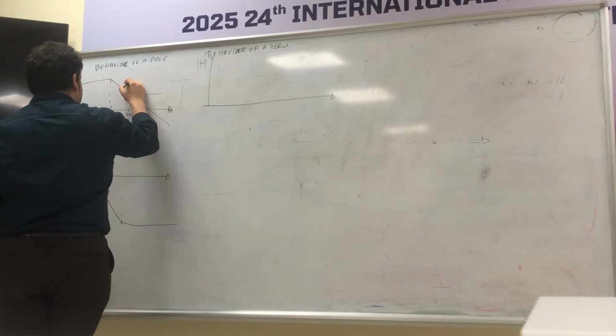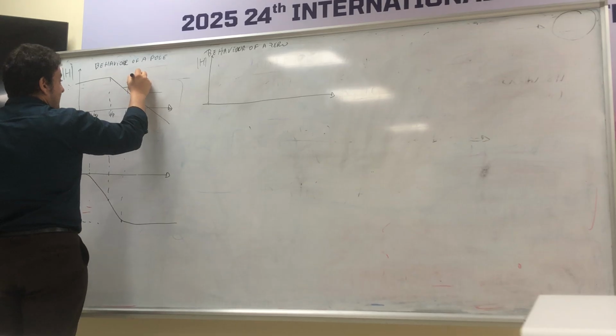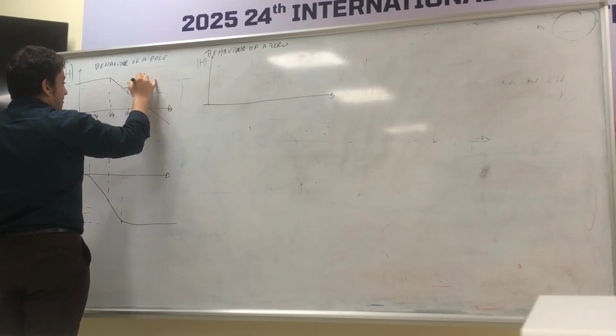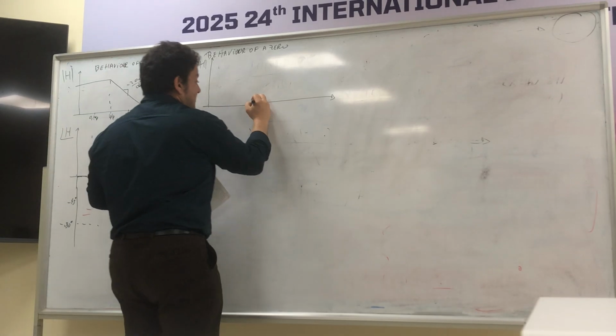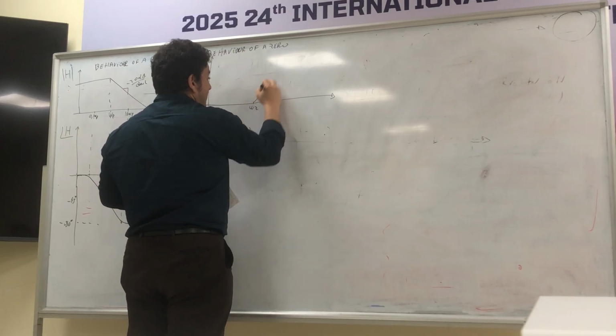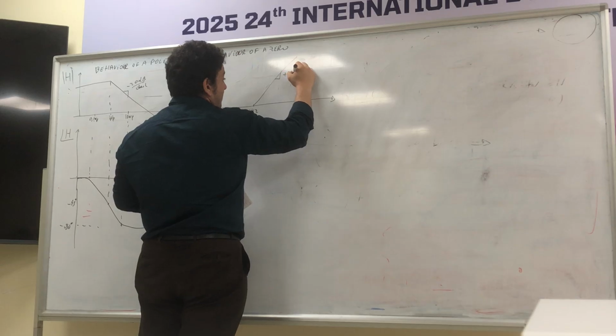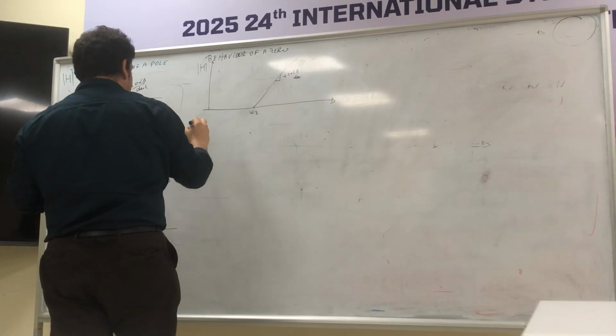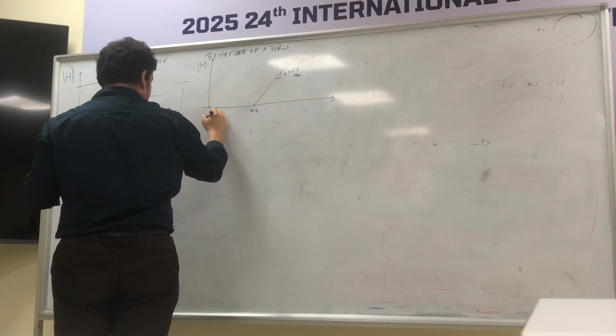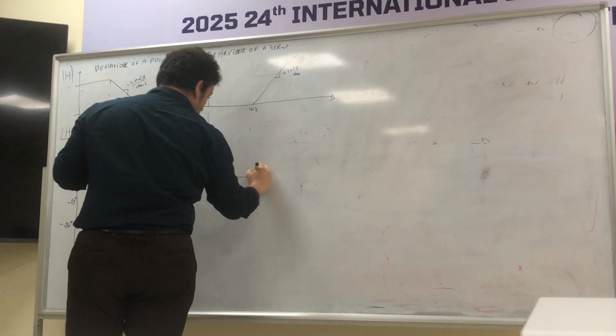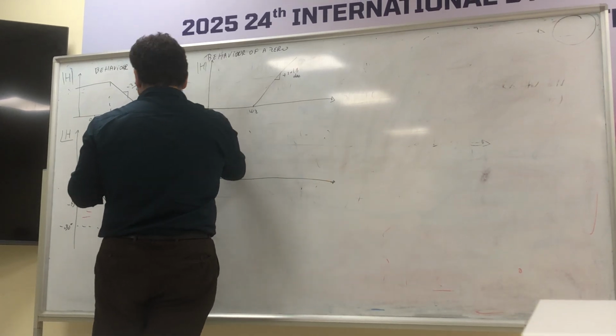At the pole, there is a variation of minus 20 dB per decade. At the zero, let's consider here omega z, we have a variation of plus 20 dB per decade, okay? So this is the module. This is the phase.